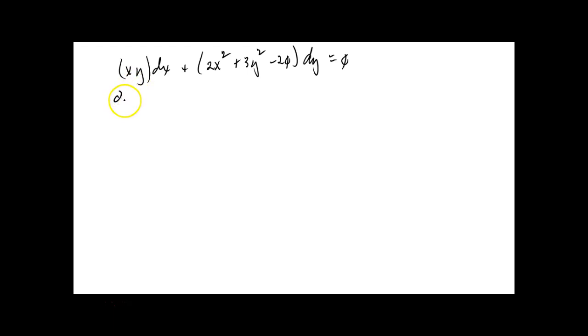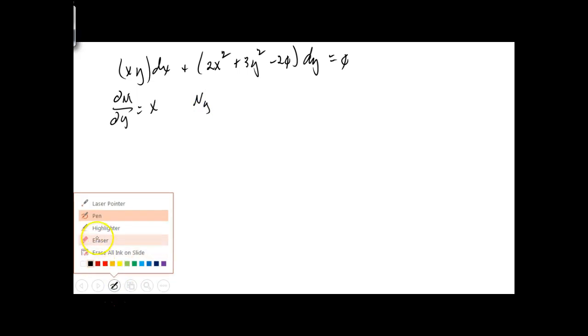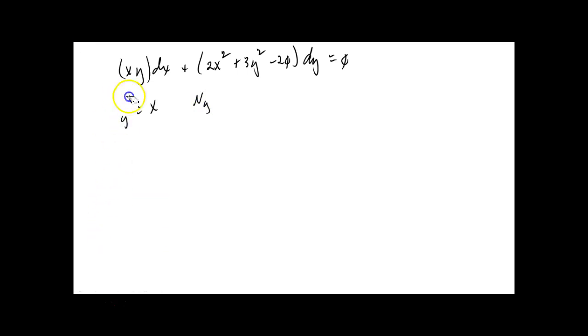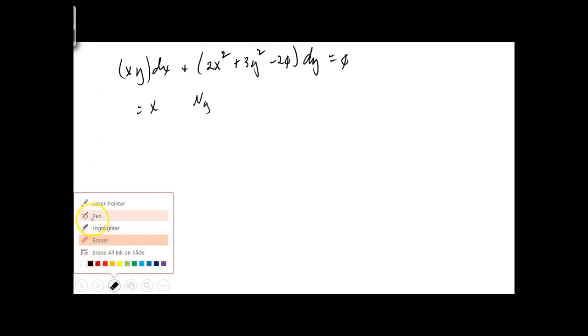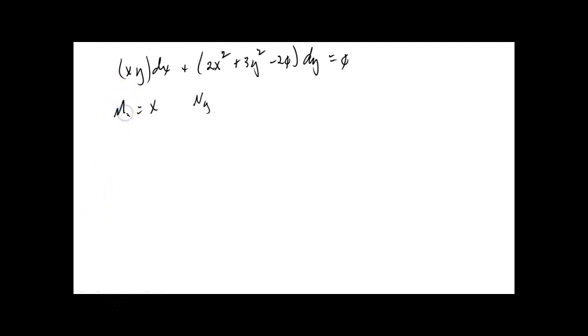The partial of M with respect to y. And what does that give you? x. Over here, let's just write it this way this time: N sub y. I think that's so much easier than writing the partial. You're familiar with that notation? It's the same thing as the partial of N with respect to y.